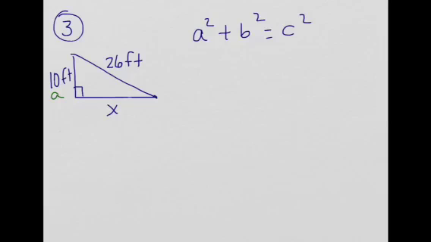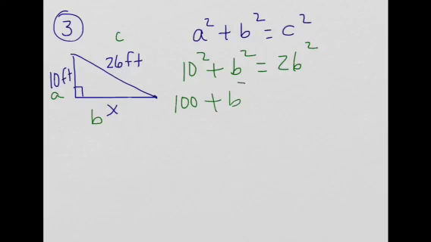All right, the next one. A is our shortest side, B is our middle side, C is our longest side. So 10 squared plus b squared is equal to 26 squared. 100 plus b squared is equal to 676. Is the variable on the left? It is.